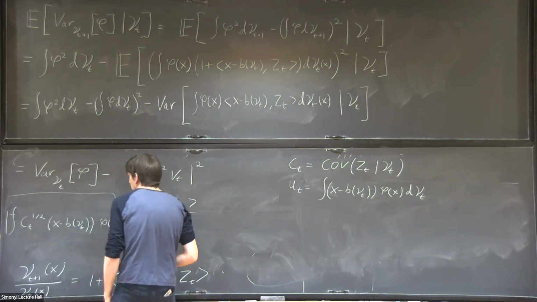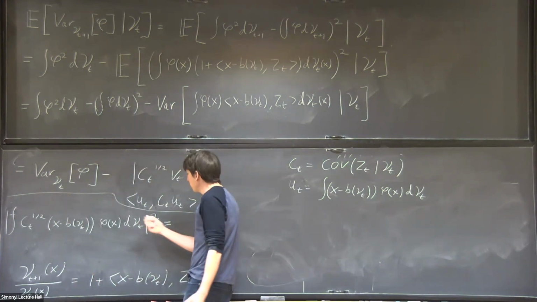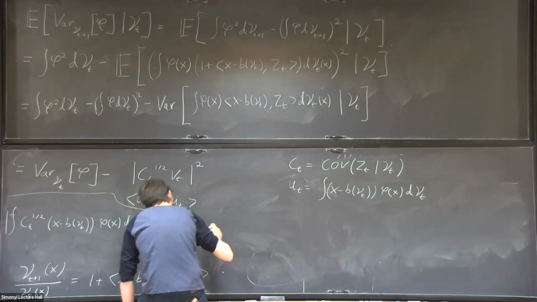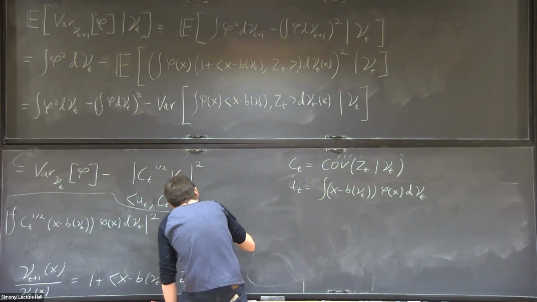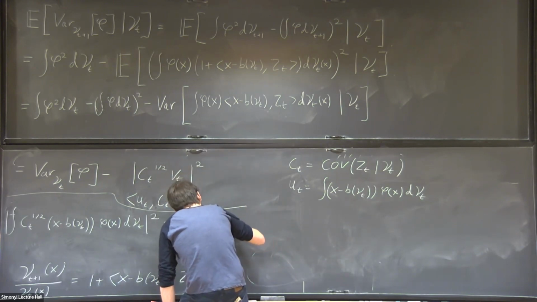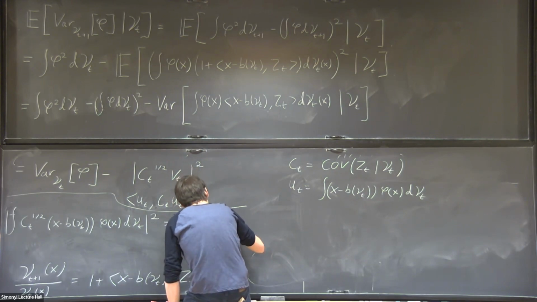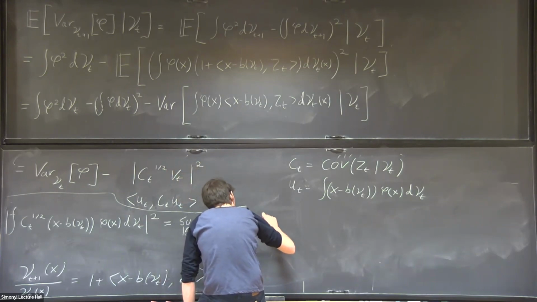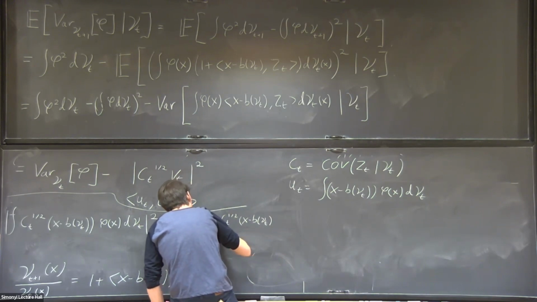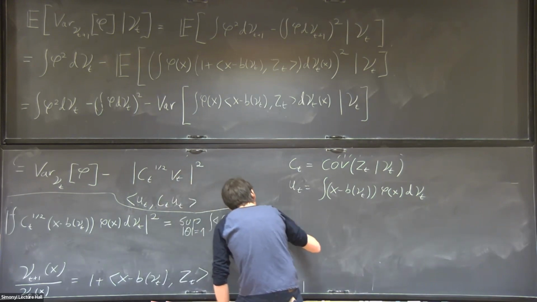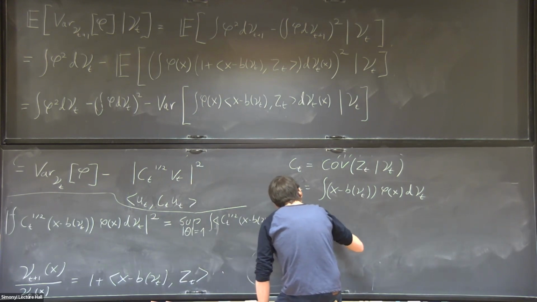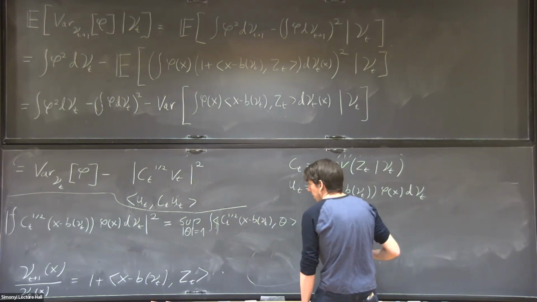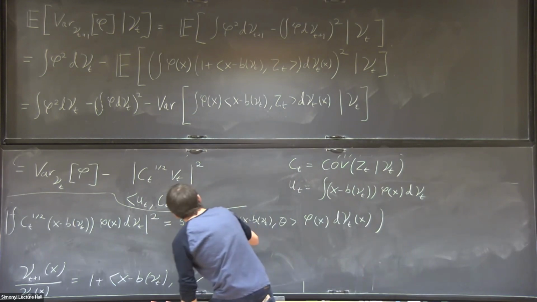Well, the norm of a vector is the supremum over all unit vectors. This is still an equality, the inequality does not appear yet, of the integral of ct 1/2 x minus b mu t dot theta, and then I have this phi, squared.